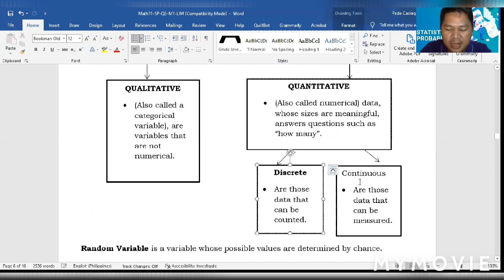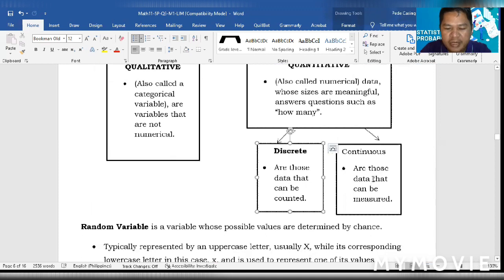Continuous random variables are those data that can be measured. When the data is measurable, not countable, you can measure it using a device. For example, to get the temperature, we have a thermal gun or thermometer gun.